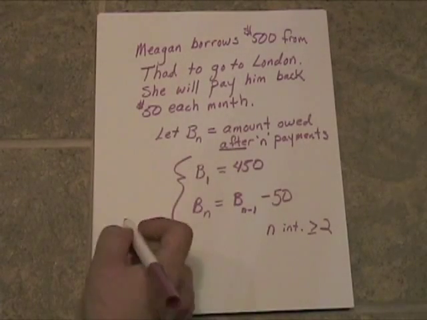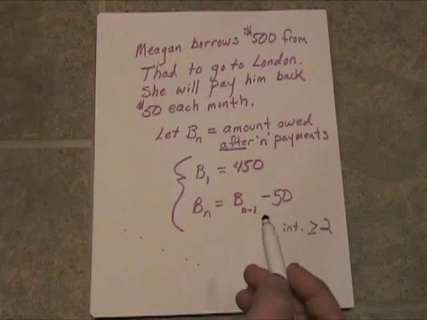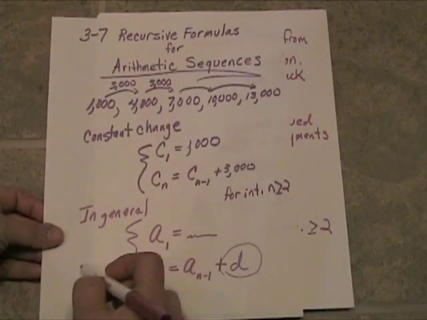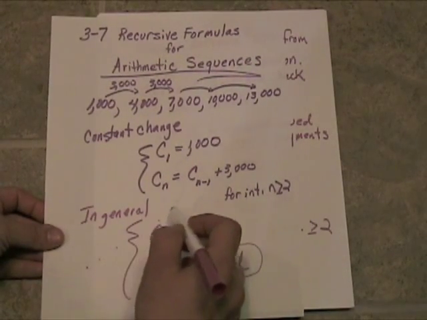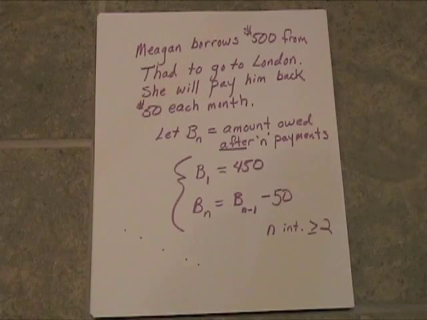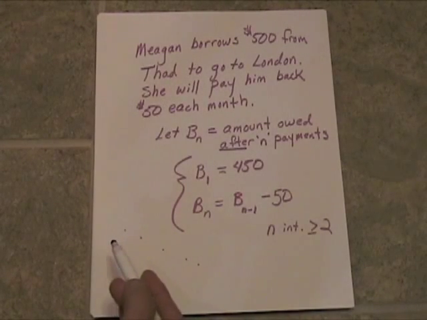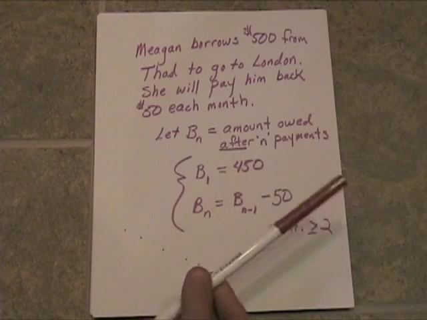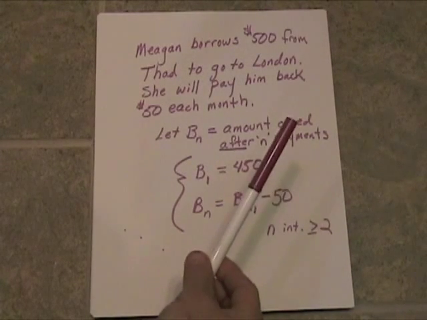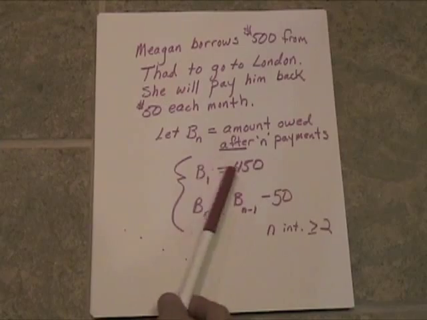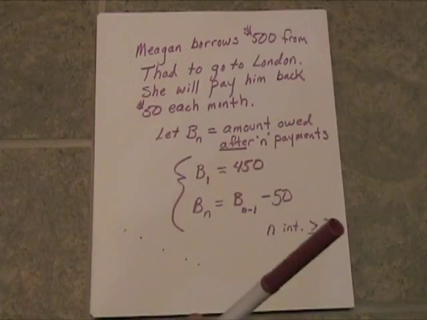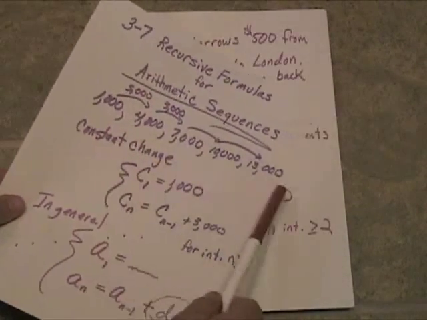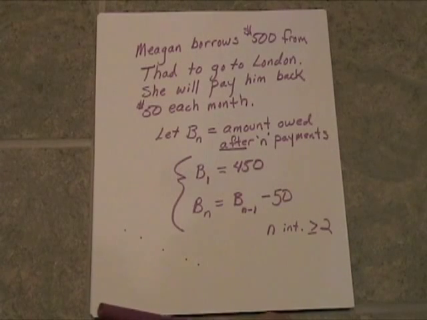The slope on this line is going to go down, and the slope on this line, because the mileage, is going to go up. But you will get lines. They each start at a specific initial condition. In this case, the initial condition was 450, and it goes down. The other initial condition was 1,000, and it goes up. All right. So these are sometimes called linear sequences, as well as arithmetic sequences.